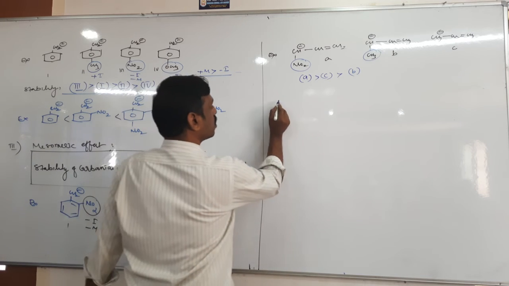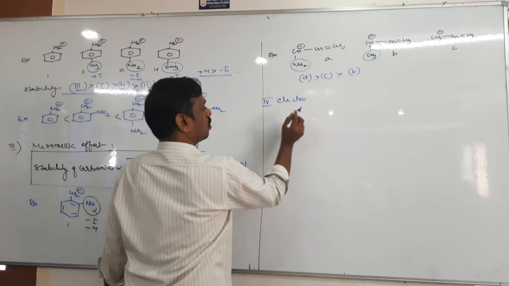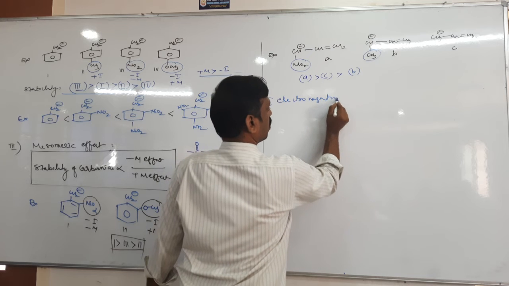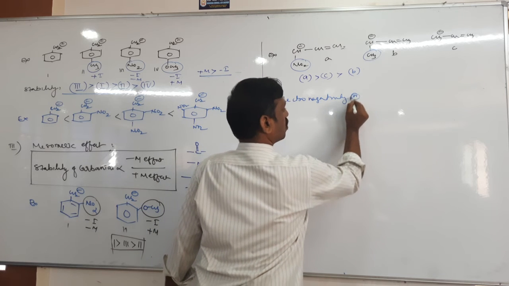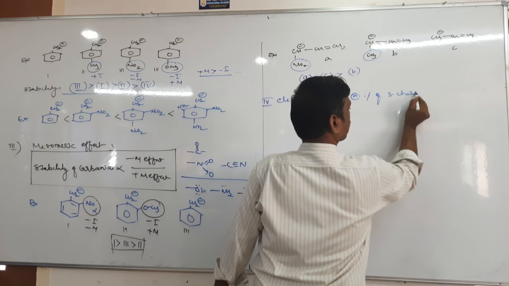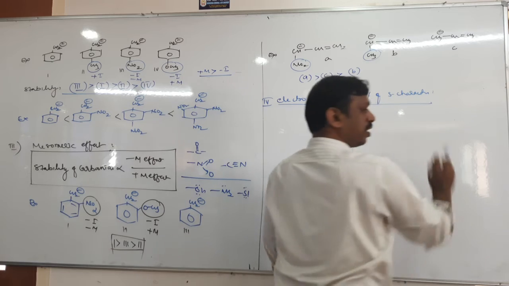Next, the last one is electronegativity or percentage of s character. So this we have studied in the hybridization topic.